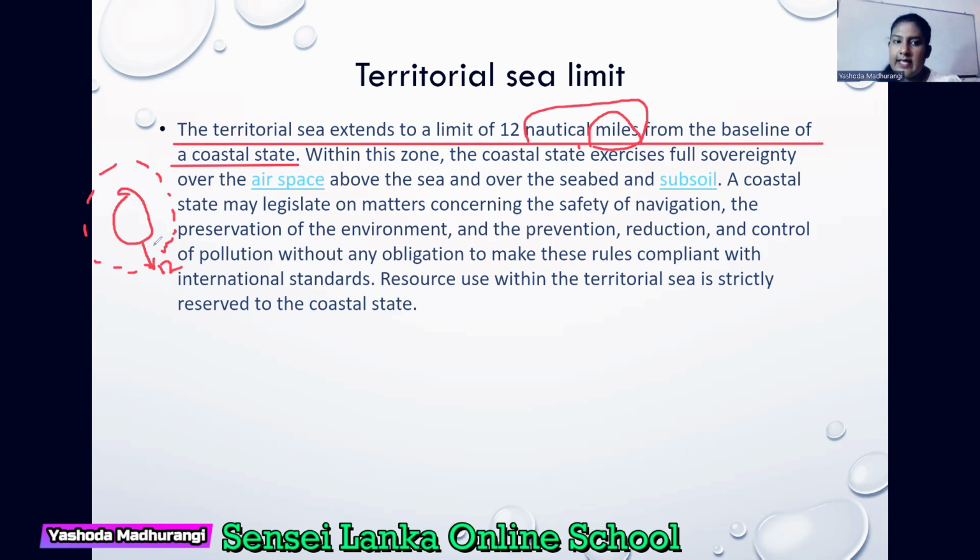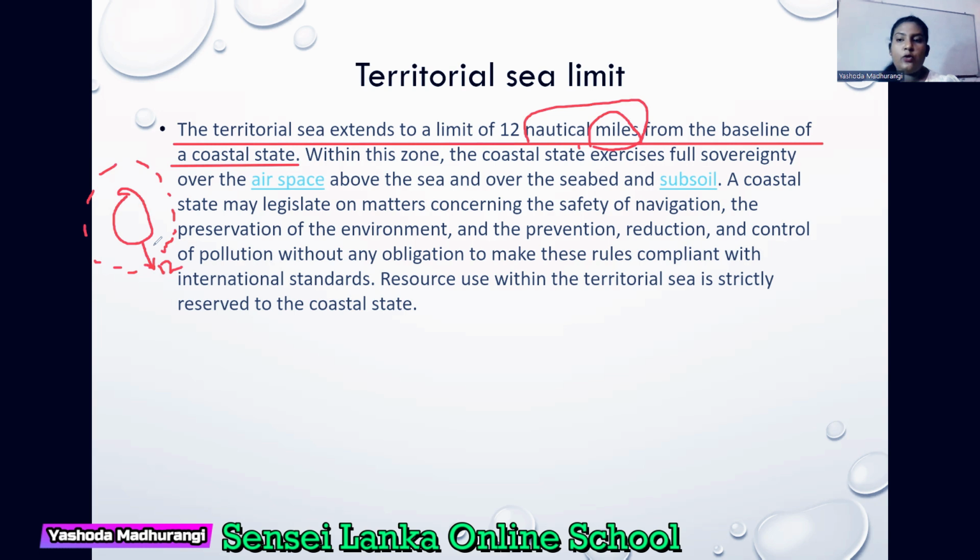So, you have to understand, in this area of 12 nautical miles, we own the sea, the seabed under the sea, the subsoil, and the space and the sky area also. A coastal state may legislate on matters concerning the safety of navigation, the preservation of the environment, and the prevention, reduction, and control of pollution without any obligation to make these rules comply with international standards.